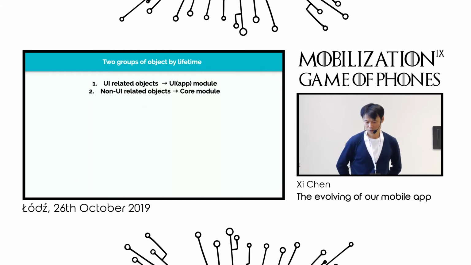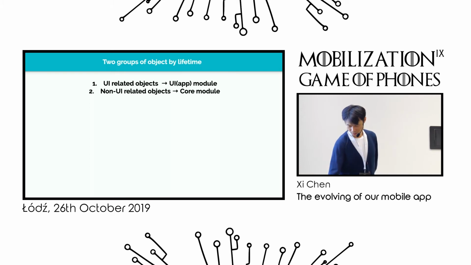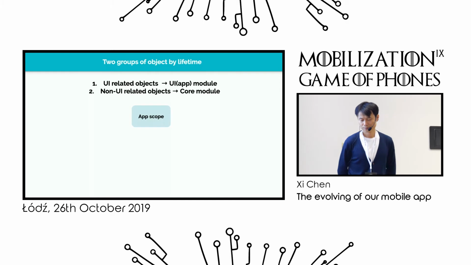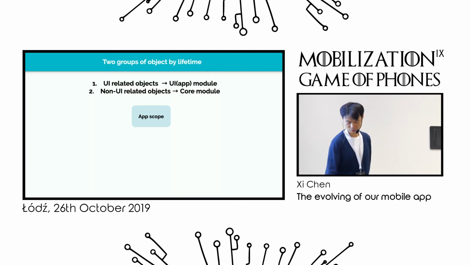Okay, still I want to talk about something about scoping. If you are confused by the scoping concept in Dagger, scoping, to my understanding, basically means the definition of the lifetime of your objects. So for the app scope, in our project, it means the lifetime for the UI objects.